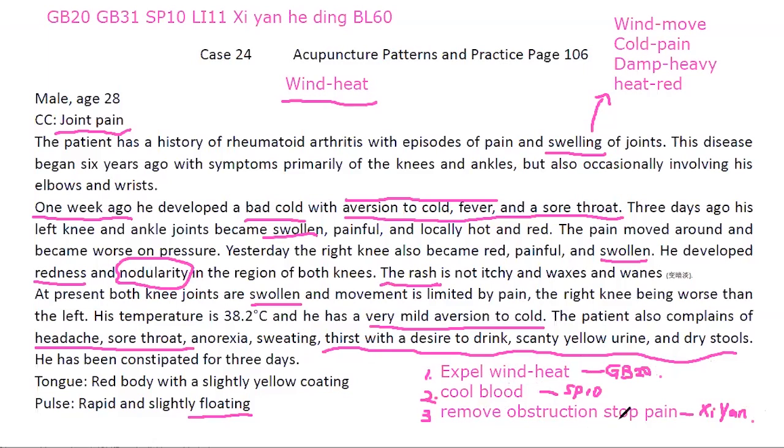You can't put points only for expelling the heat but no points for the other 2. So that's the rule for picking points. Does this make sense? Yes, thank you. So when we make points, we can make a group of points that basically covers your treatment principle.